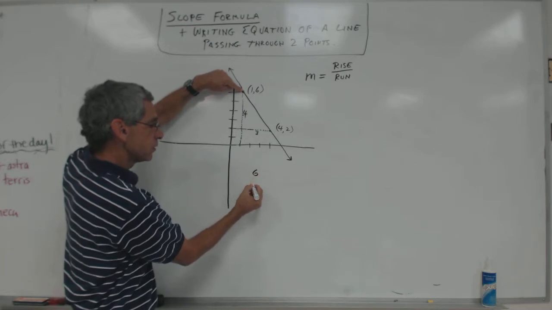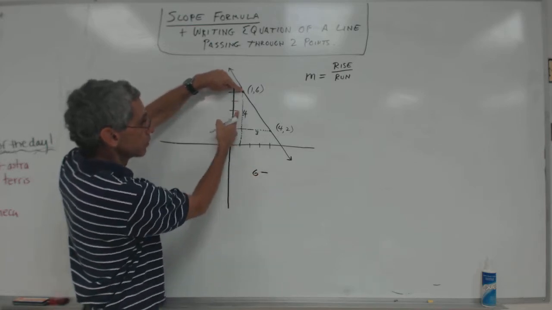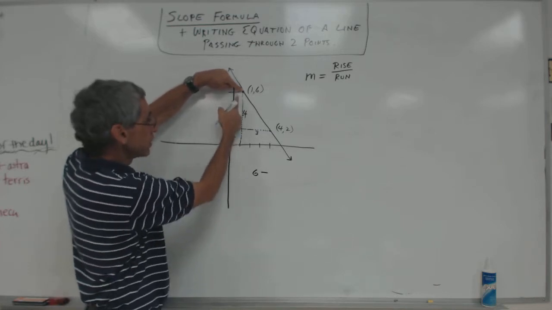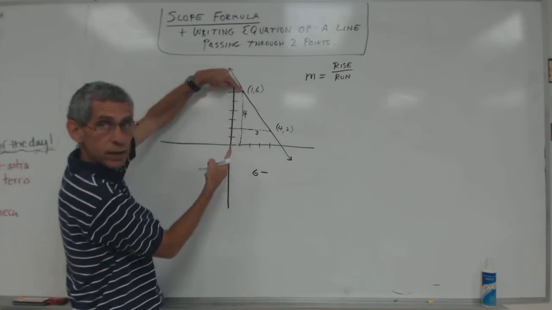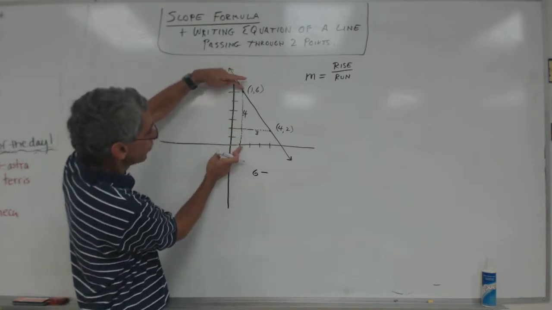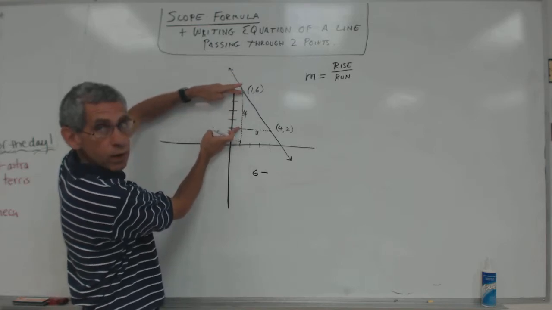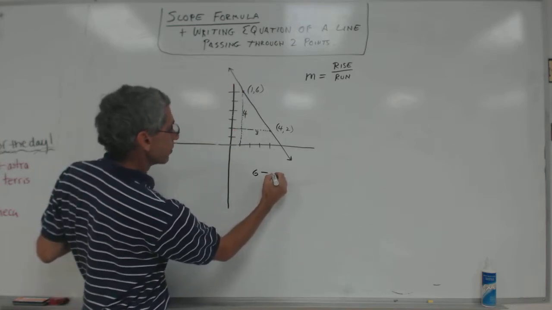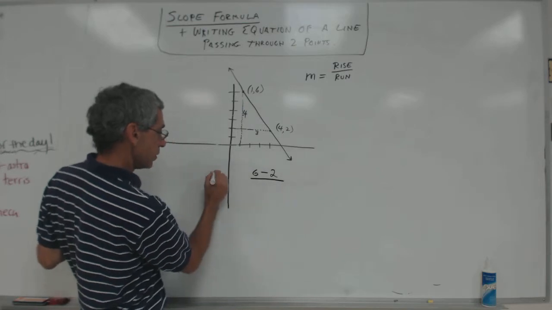So 6 minus what would give me this? Minus this 2. So this whole thing minus just this gives me my rise. Does that make sense? So minus the 2, that's my rise.